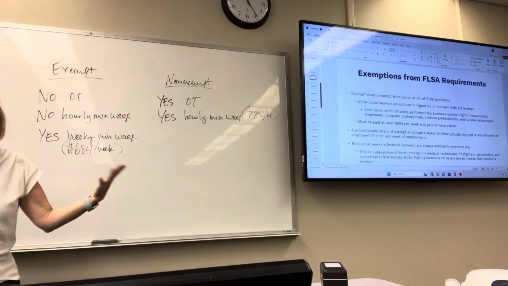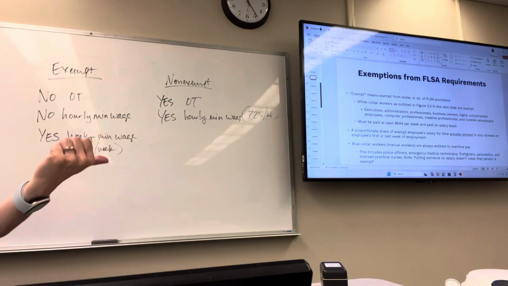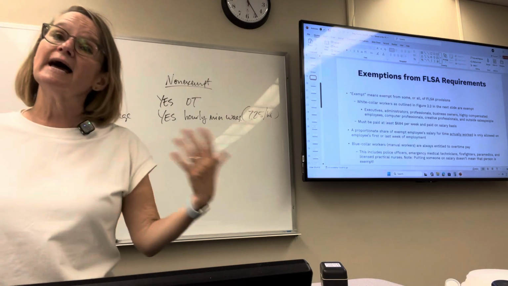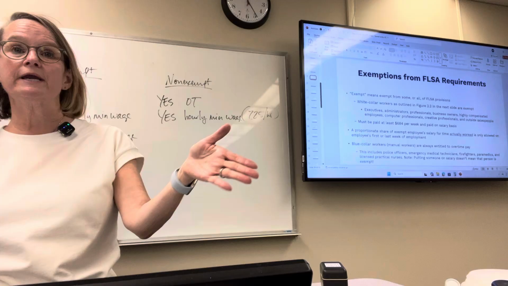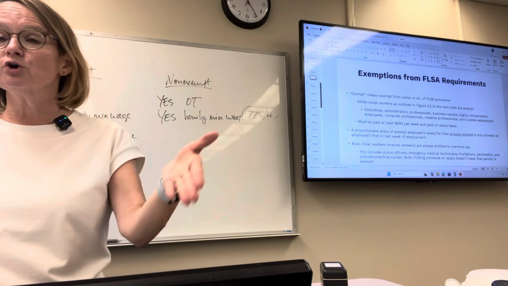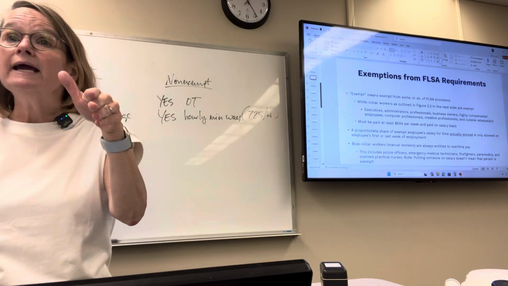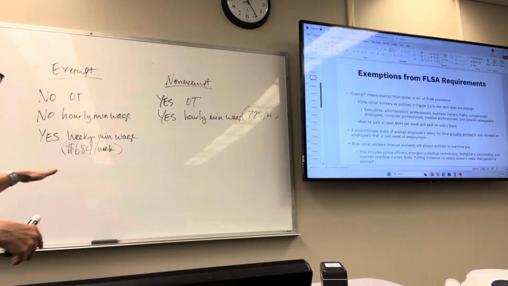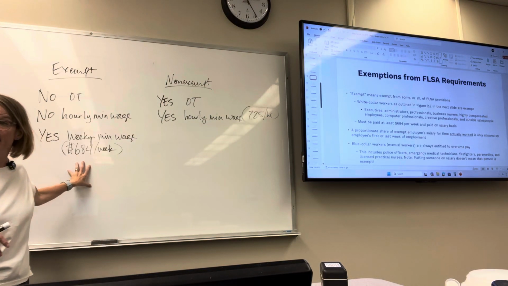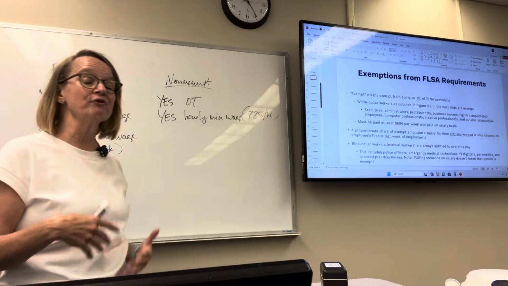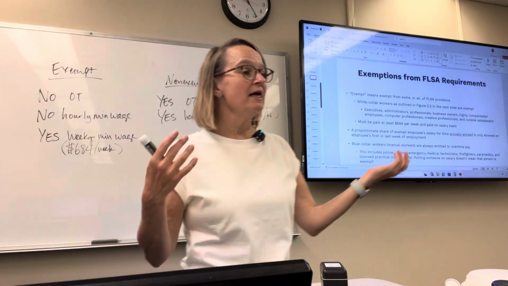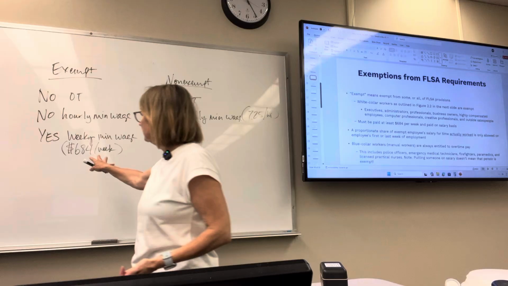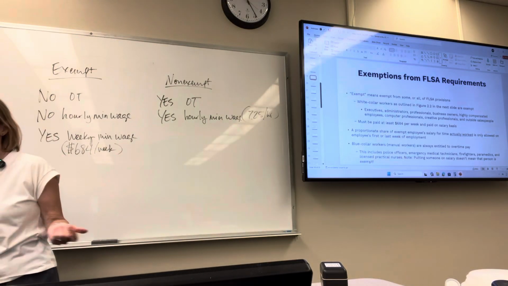So they can prorate that first pay period. Also the last pay period. If they stop working, are terminated or quit, say on the Monday, and the work week goes through Friday, then they can be paid just for that one day of work. But for every other pay period, they have to be paid at least this minimum of $684 a week.